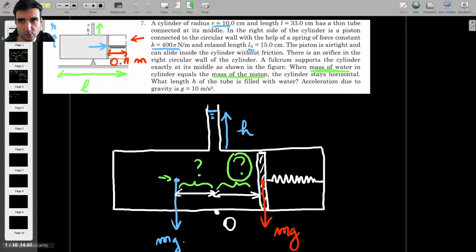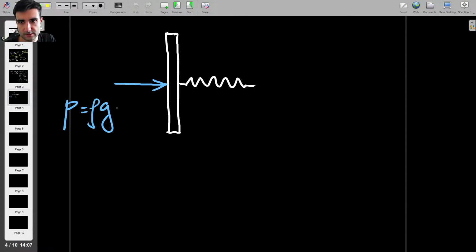The depth, we're measuring it from the very top, that's where the free surface is, and we're going all the way to the halfway point. So we're looking at this distance, which is h plus the radius of the cylinder, r. So this is h plus r. That's the pressure. And to find the force, we just multiply this by the area.